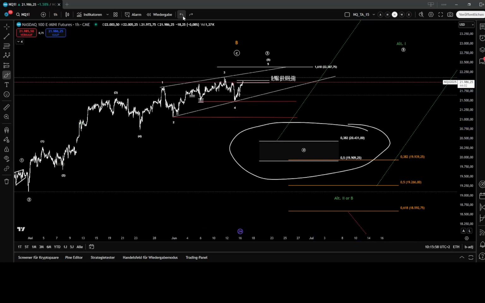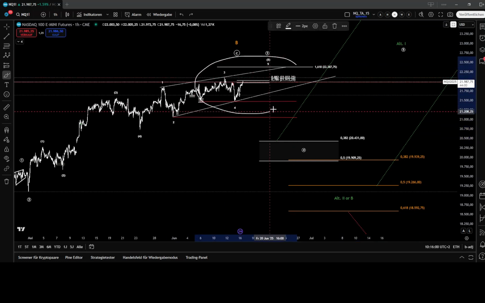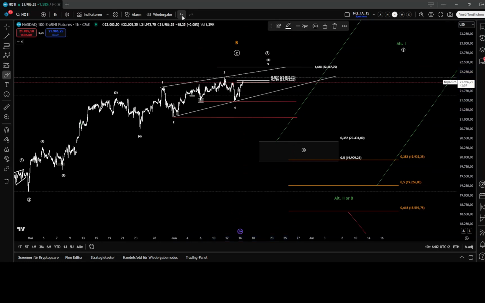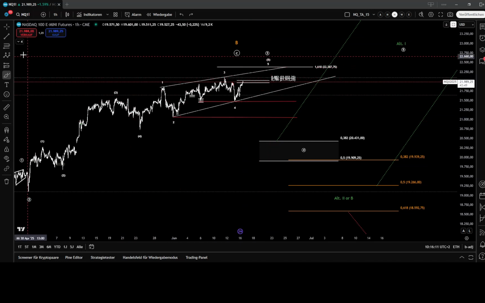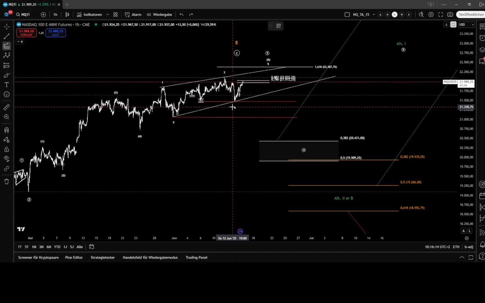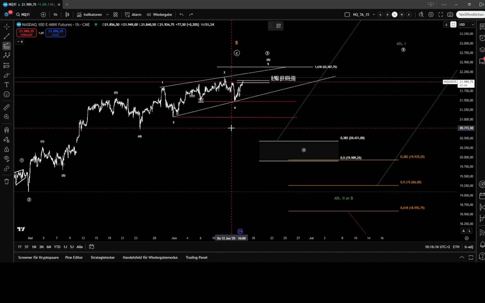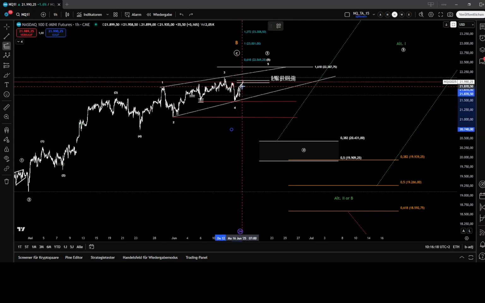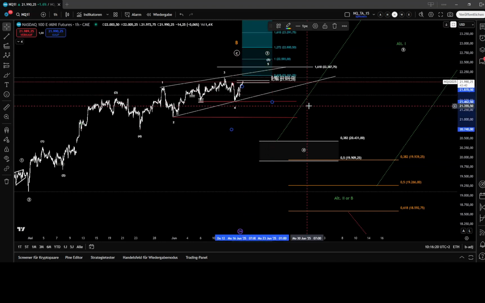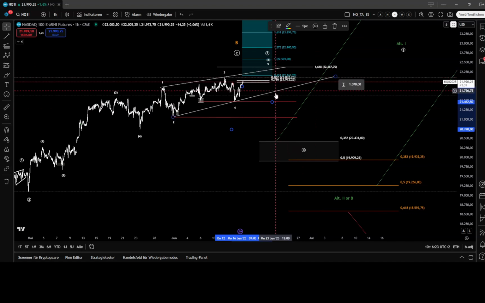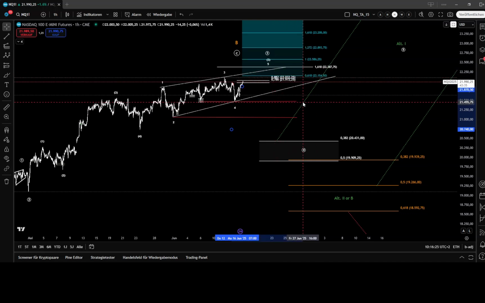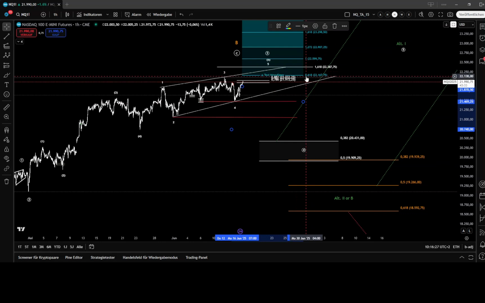And yeah, let's see. But for now, we really have to focus on the short-term picture, so that we can see which path the market will take. Measuring these diagonal patterns, I mean, we could do that. I can give a target if you want, but these diagonal pattern targets are a little bit slightly above, because we need either the 61.8, but I think that is a little bit too little.